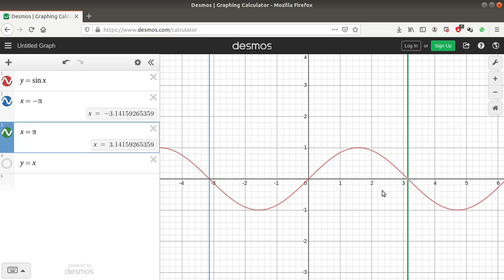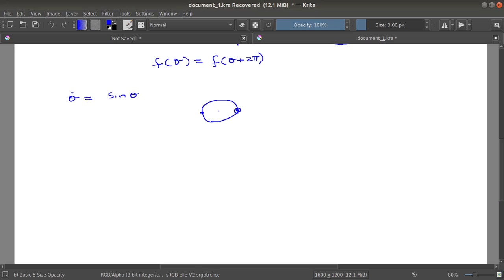This point and this point are the same. So from both sides it's getting attracted, so it's an attractor, a stable fixed point. We are going to represent that by putting a solid dot, and the arrow marks we put in this manner.